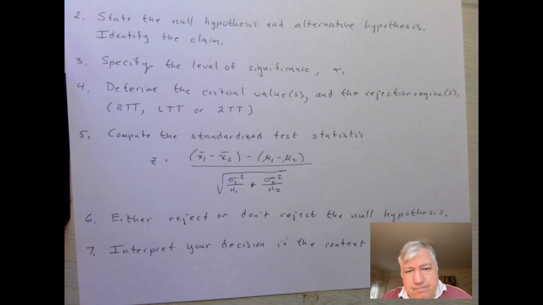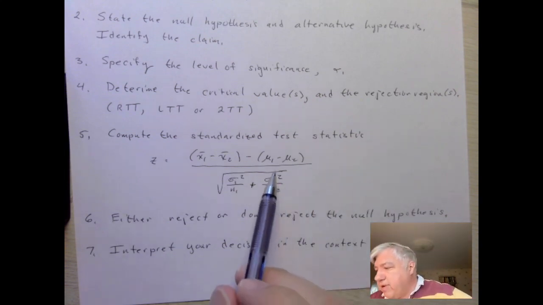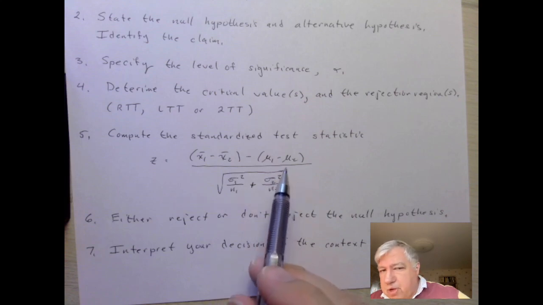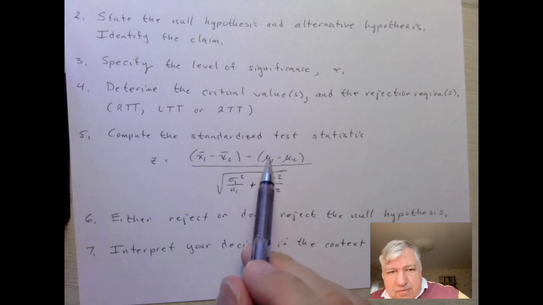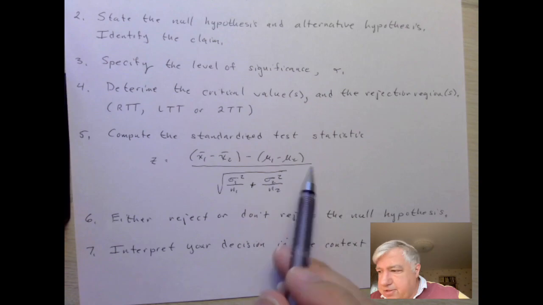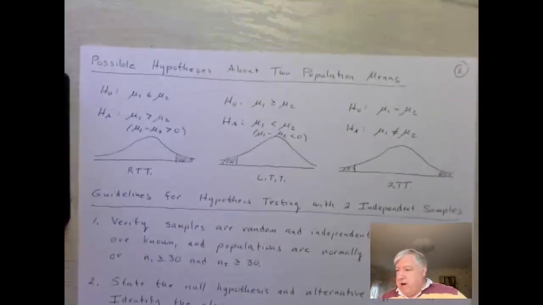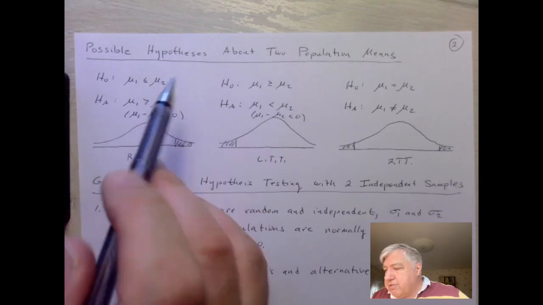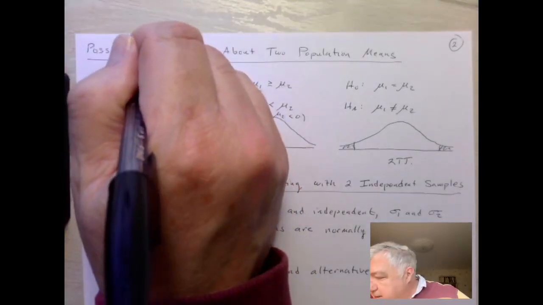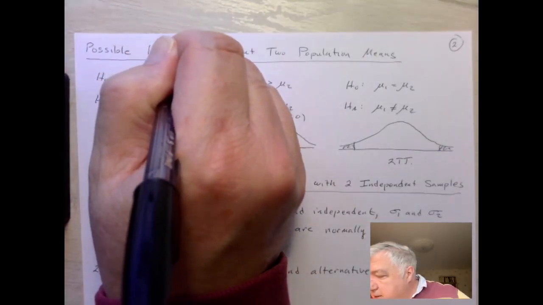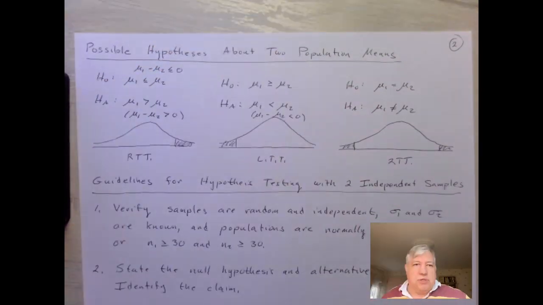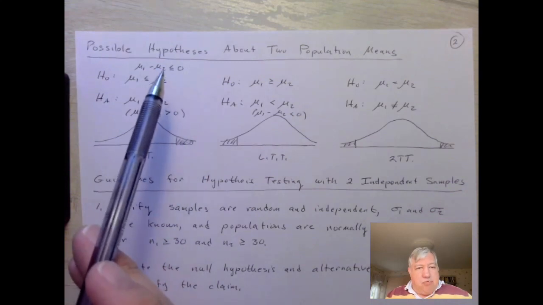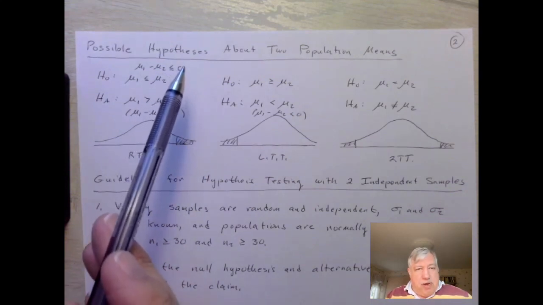One thing here is, how do we know what this is if we don't know the values of mu1 and mu2? Well, remember, we just need to know what the difference is. And we know that we are assuming something. When we're assuming, let's say, mu1 is less than or equal to mu2, that's the same thing as saying that mu1 minus mu2 is less than or equal to 0.